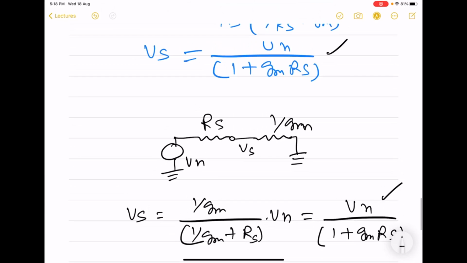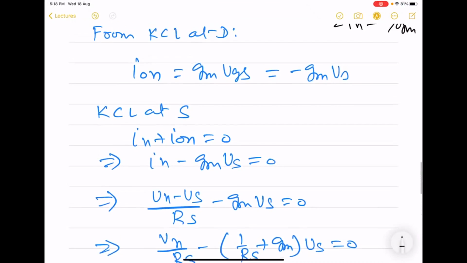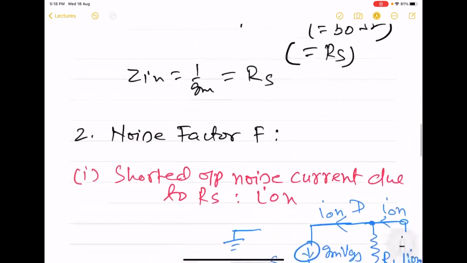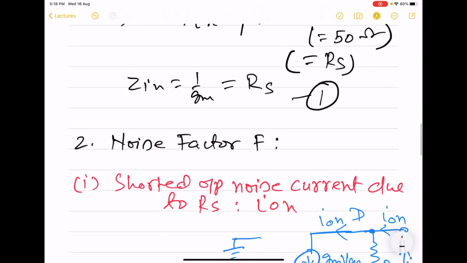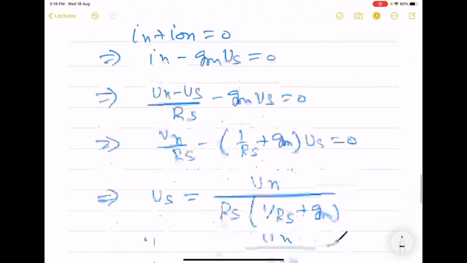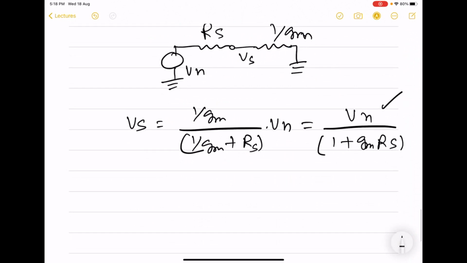Okay, so we now know what is Vs, so we can substitute here to find out IoN. This is equation 1. Let us call it equation 2. And this we can call as equation 3.